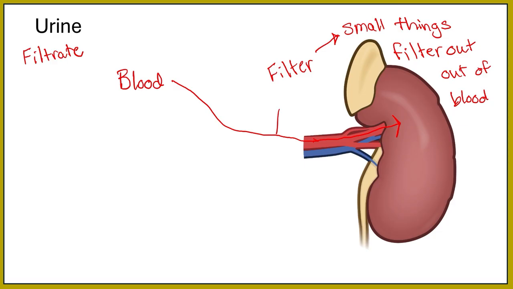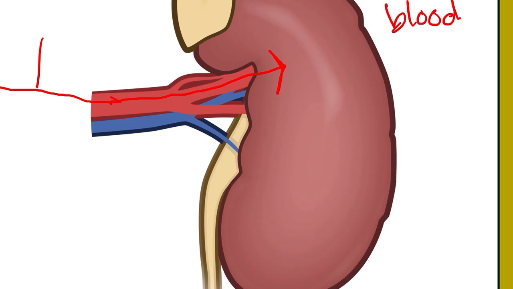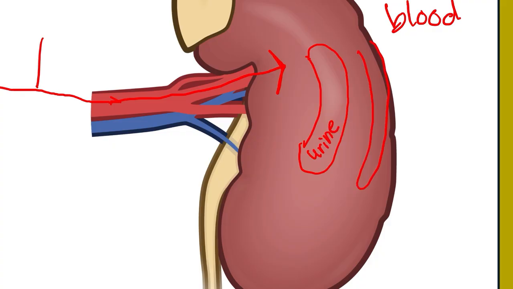Next, after you have that, you are going to have things that are starting to form the urine. So this is the urine product. This is the blood.